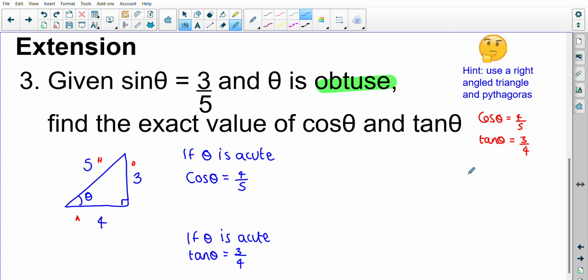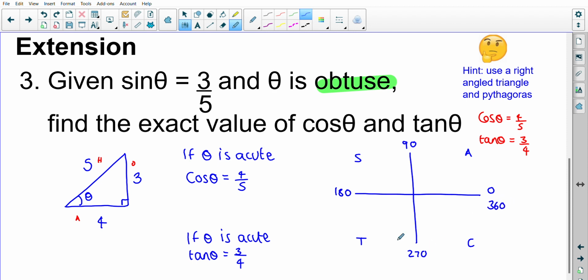So what I'm going to have to do now is rely on the cast diagram. Because remember, there are angles all around the cast diagram. If you remember from when I first introduced the cast diagram, in the first quadrant, 0 to 90, the angles are acute.